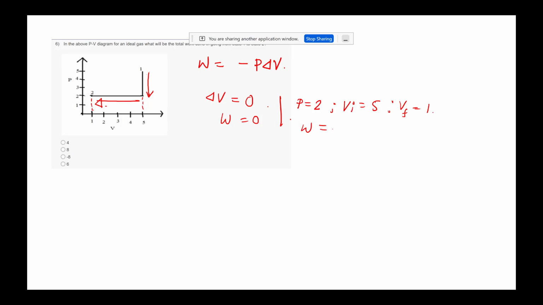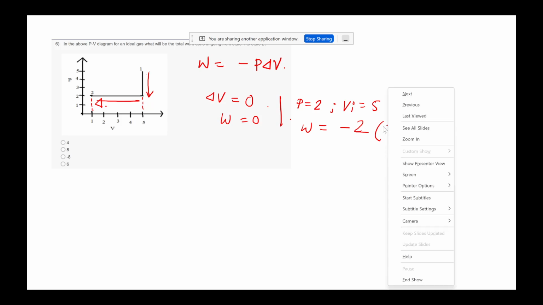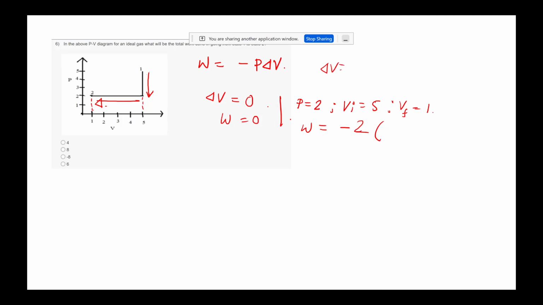So W is minus P, means 2 times del V. So delta V is Vf minus Vi. So Vf is 1, Vi is 5. So if you calculate this thing, this will be 8. Right? Is it clear? So our right option should be 8 unit.